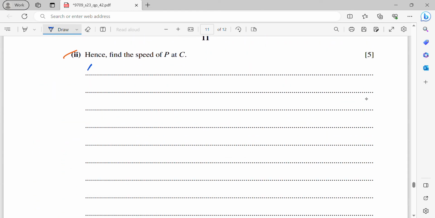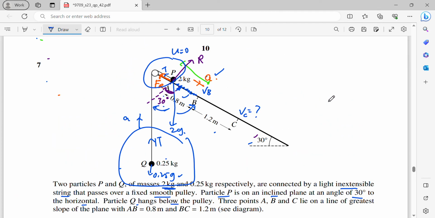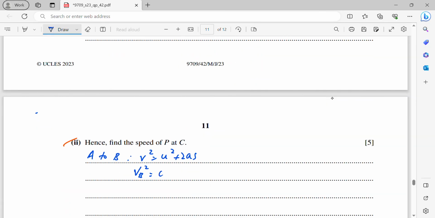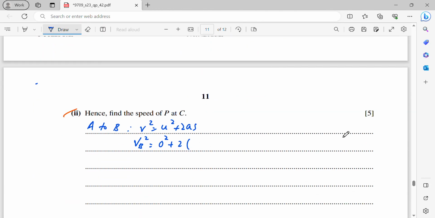So from A to B, alright, V squared is U squared plus 2AS. So VB squared is U squared, means initially it is 0. Okay, the A already found. So I will get 0 squared plus 2A. Now since we need to use the A, I will use 1.024 for the calculation.